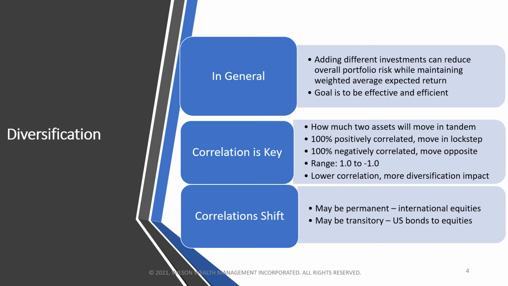And in fact, if we again look back, it was 1983, we see that the correlation in September of 1983 was 0.88 between bonds and US equities. That's not very good diversification. So we just have to keep an eye on how correlations may move over time and then adjust your portfolio accordingly.